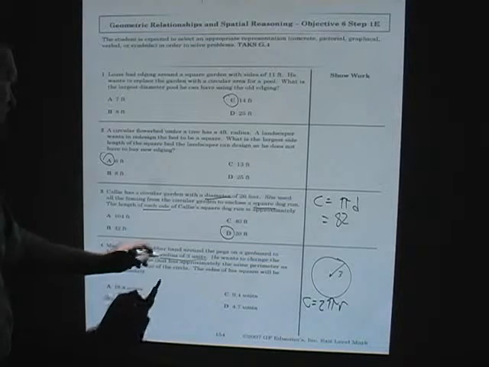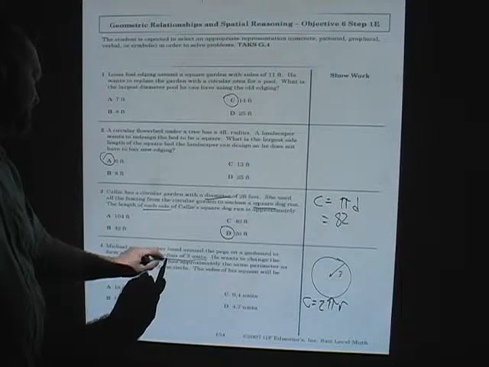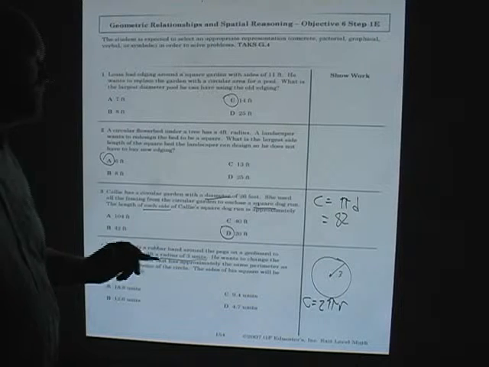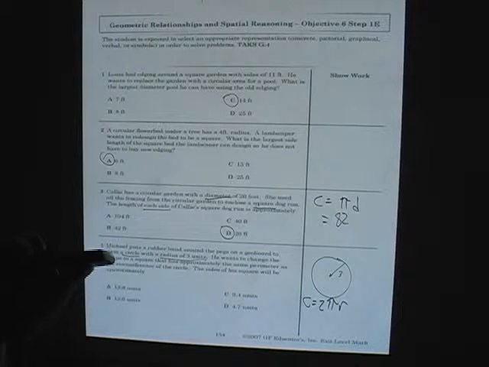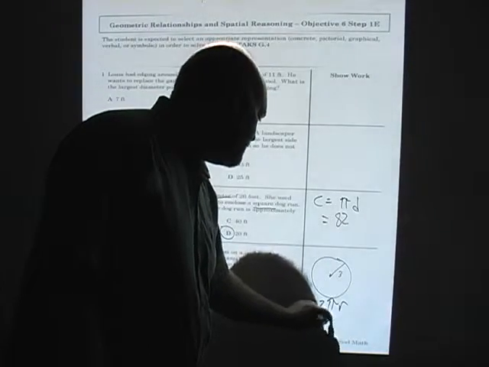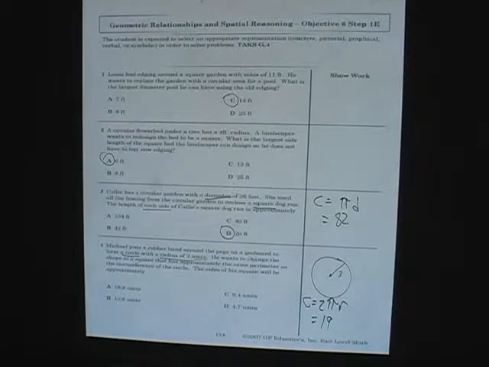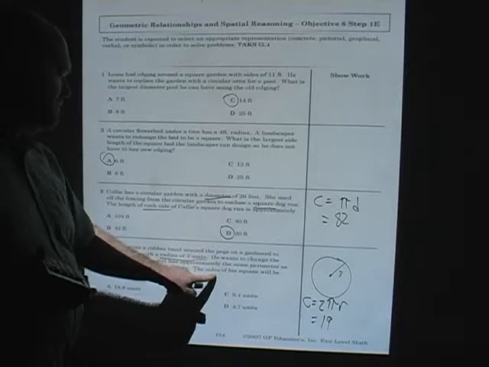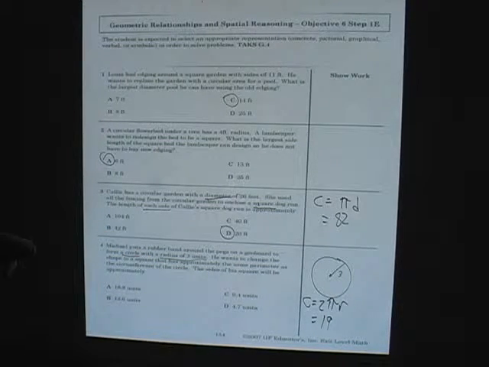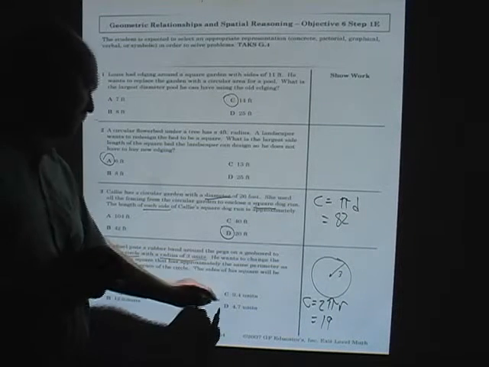Here, we're dealing with radius. 2 pi radius, so that circumference is going to be 2 times pi times 3, and that's about 19. Rounded up to 19. They want to know the sides of the square, so we need to divide that by 4, and we get about 4.7.